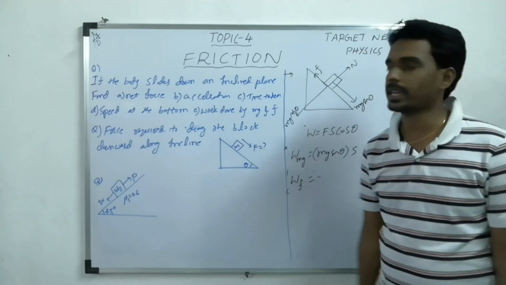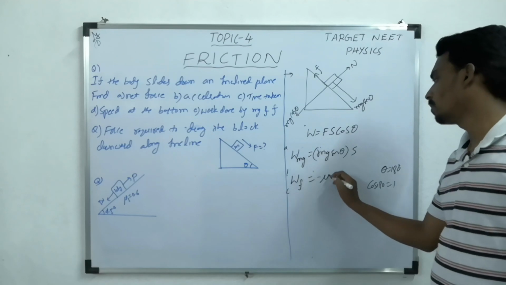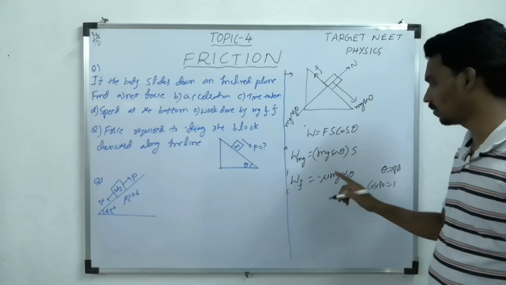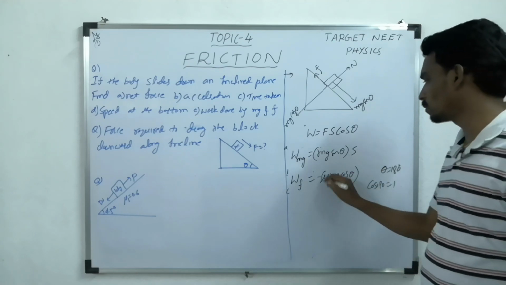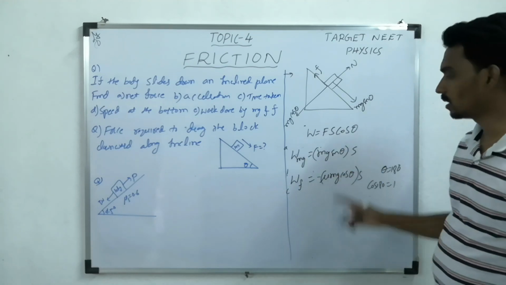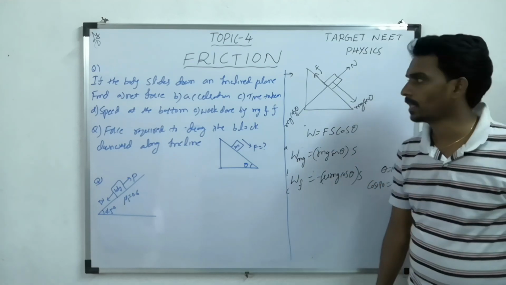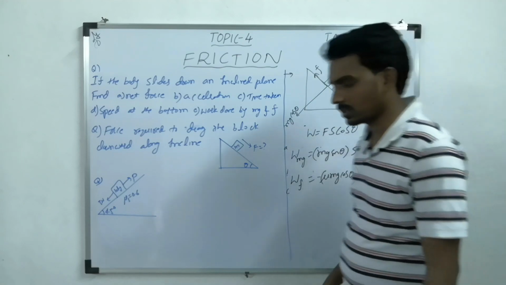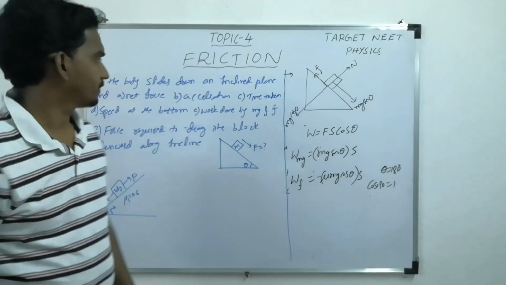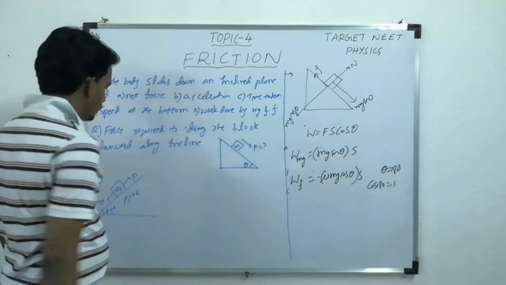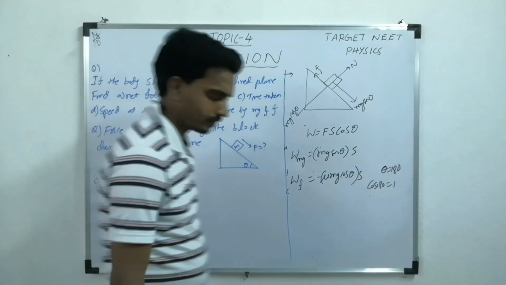So work done by friction will be minus mu mg cos theta, the frictional force f, times displacement s. So this is the work done by mg and this is the work done by friction. This is the way they'll ask questions based on friction. And let's take one more question: force required to drag the block downward along the incline.